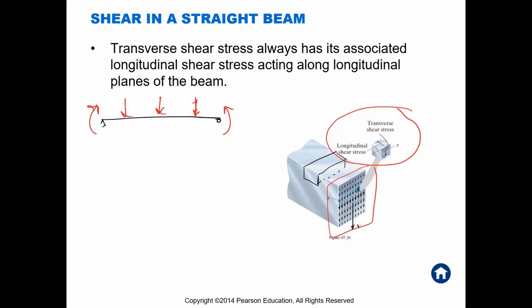If we were to cut out a segment of that beam and look at it, say, from the side direction, it's going to have a bending stress on the left-hand side that looks like that. It's a varying bending stress, and that would be the sigma at some x value.